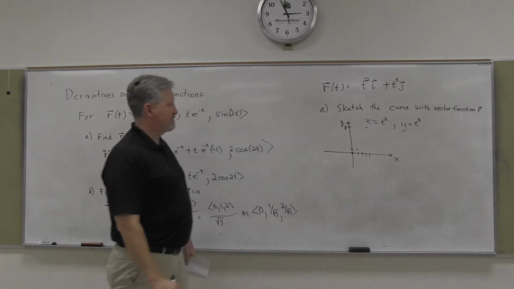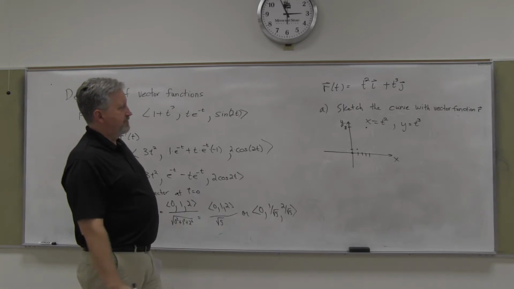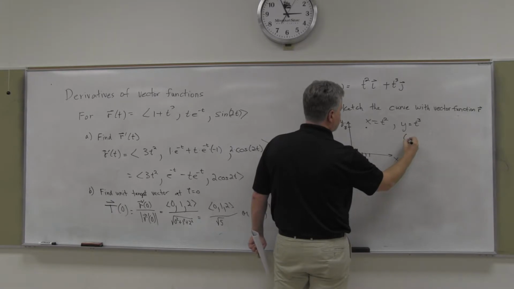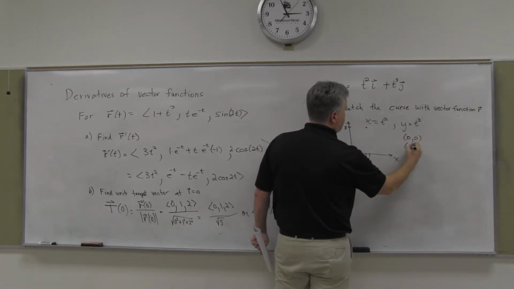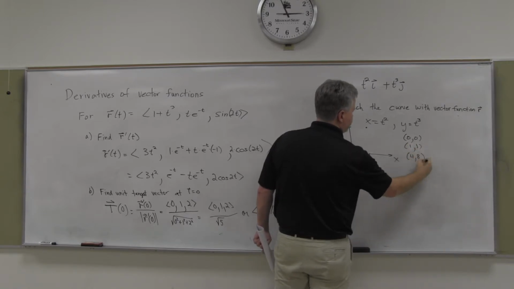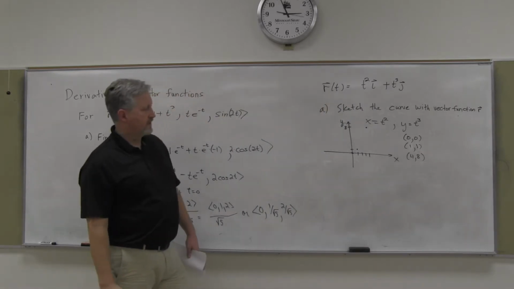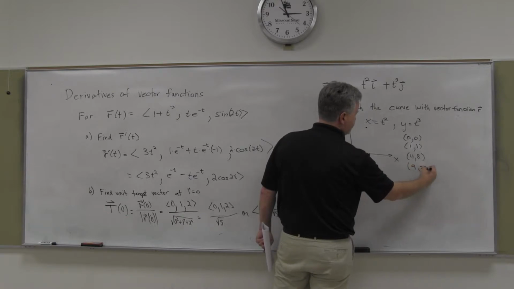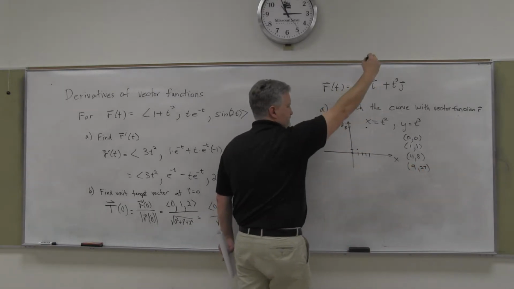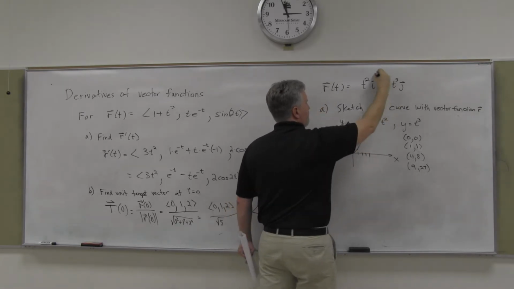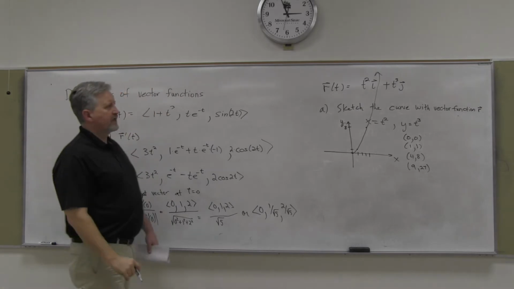And I think it's going to jump quite a bit because the next one, t equals 3, I'd be at 9, 27. So yeah, it's going to jump out there, so something like that.